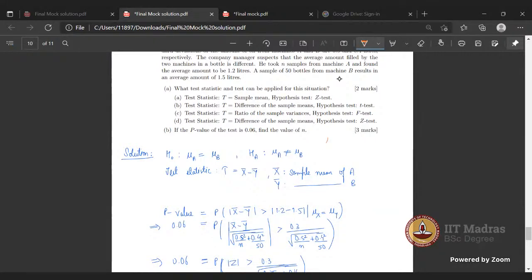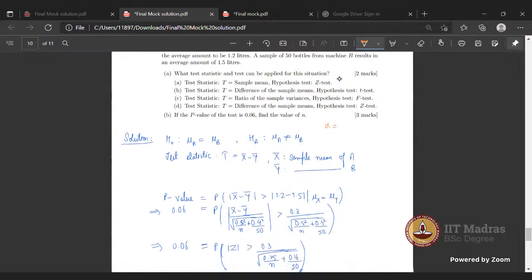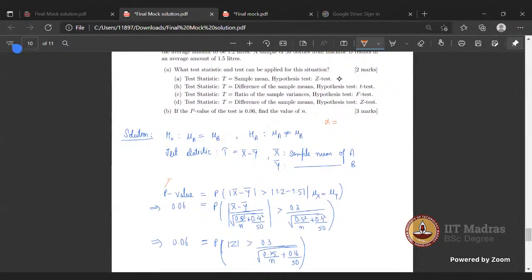The p-value is called the probability value, and finding it is almost the same as finding the alpha, the type 1 error.